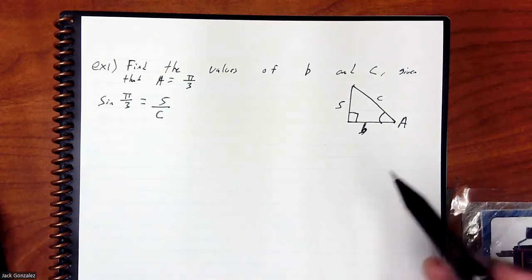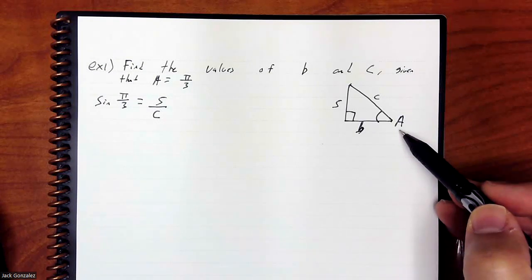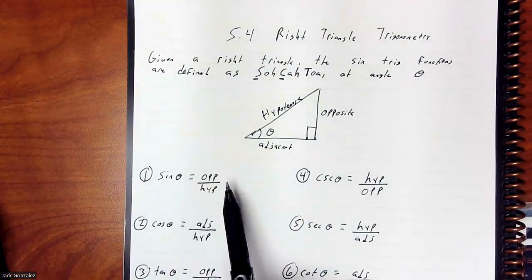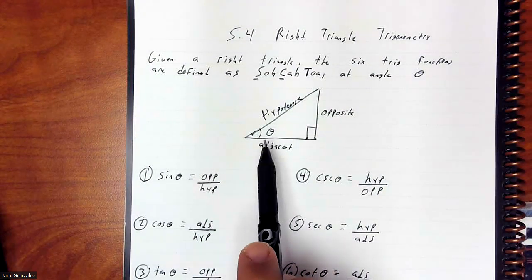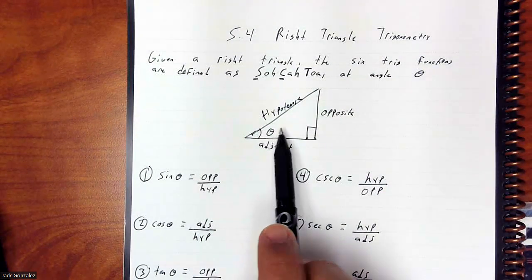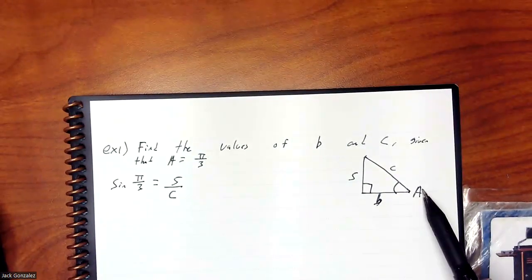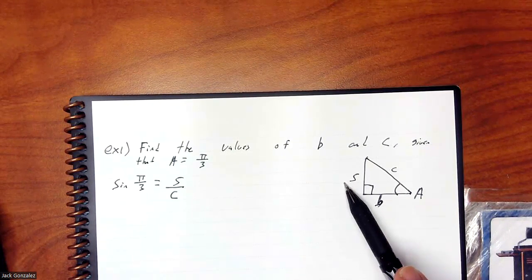Right. A is right here, and it's pi thirds. We define sine to be opposite over hypotenuse. So the location of angle theta was here, opposite's over here. Our location is there, so opposite is now here, right?